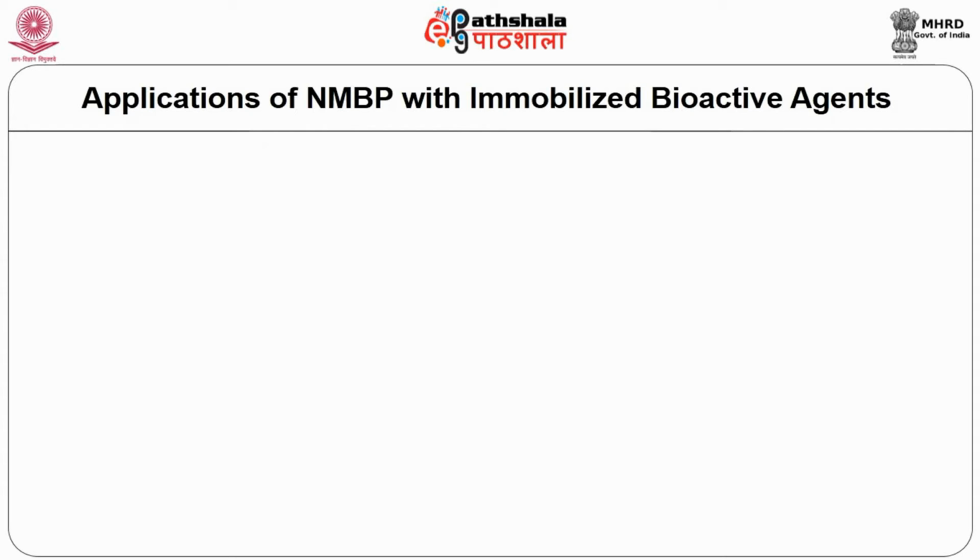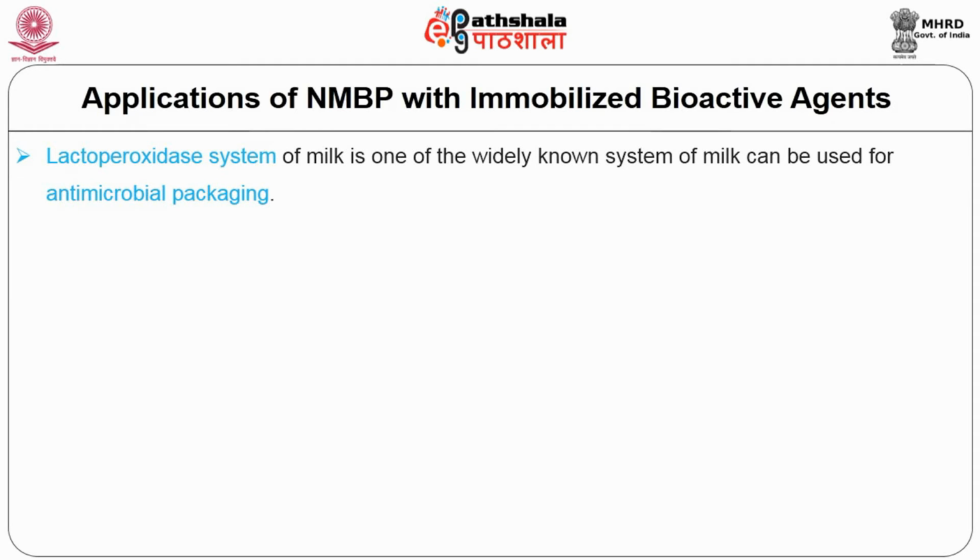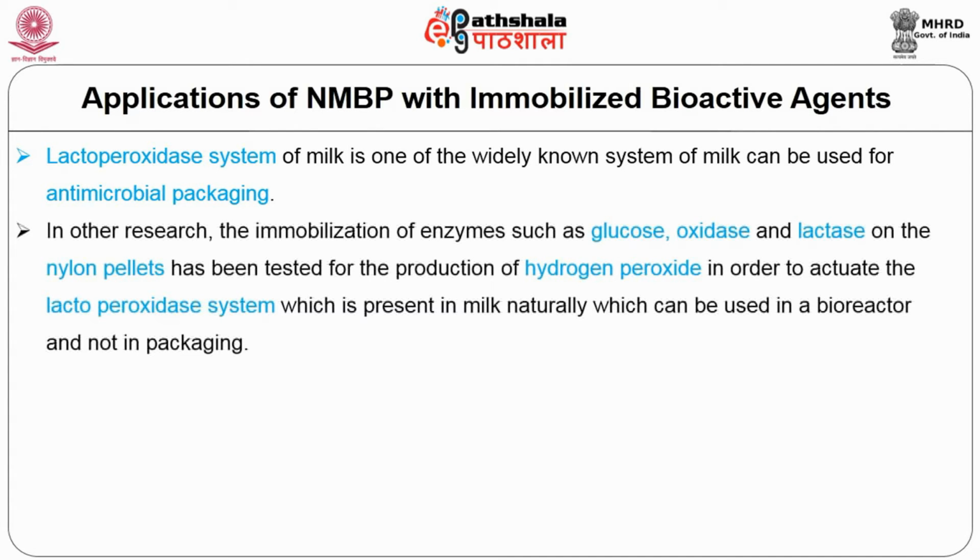One of the well-known natural antimicrobial systems, the lactoperoxidase system of milk, can be used for antimicrobial packaging. In other related research, the immobilization of enzymes such as glucose oxidase and lactoperoxidase on nylon pellets has been tested for the production of hydrogen peroxide in the system which is present in milk naturally, so that it can be used in a bioreactor and not in packaging.